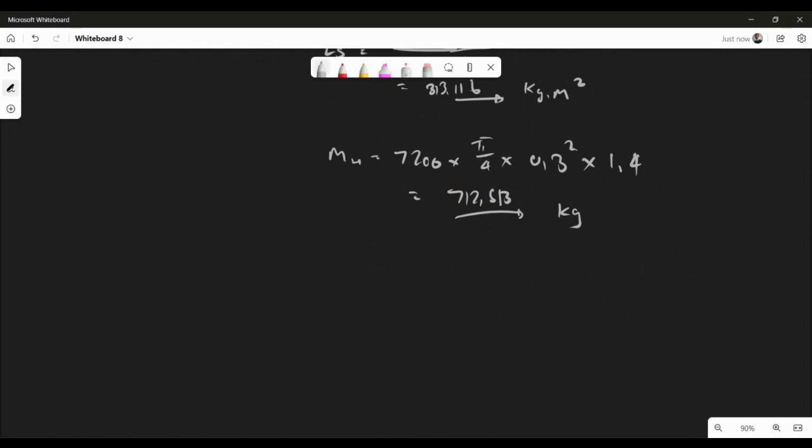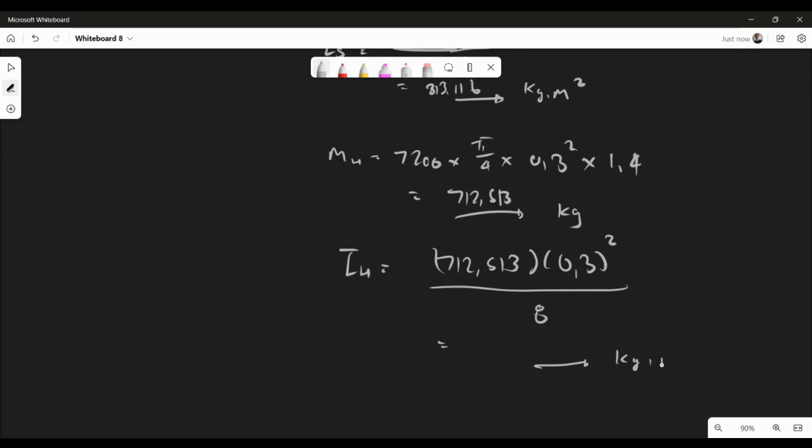Next is to find the mass moment. And fortunately for us, it's also just another solid. So we can say I hollow is going to be 712.513 times the diameter 0.3 squared divided by 8. What do we get?